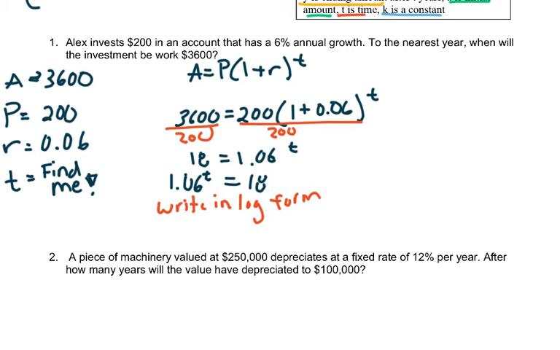So when I write this in log form, we write the word log. The base of our exponent is the base of our log. So this is log base 1.06. And then I switch the next two.